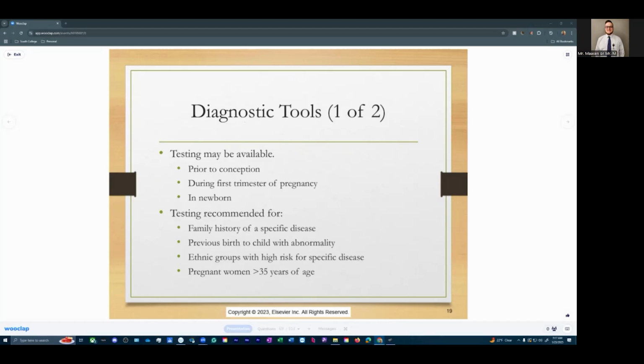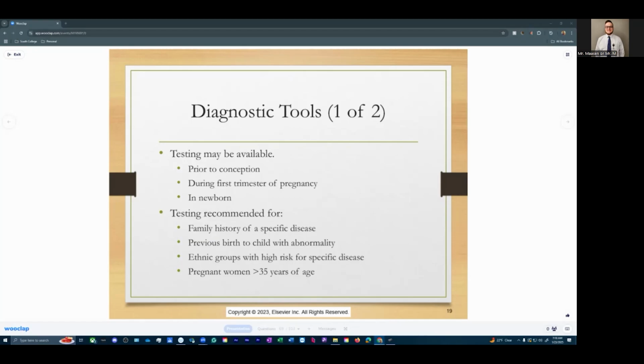So diagnosing these, there are a lot of tools we've developed over the years, and there may be testing even prior to conception to narrow down the alleles. You can also test in the newborn and in the first trimester of pregnancy. Family history is important. If someone has had a previous child born with any abnormality, that would be a clue to check for in the second pregnancy.